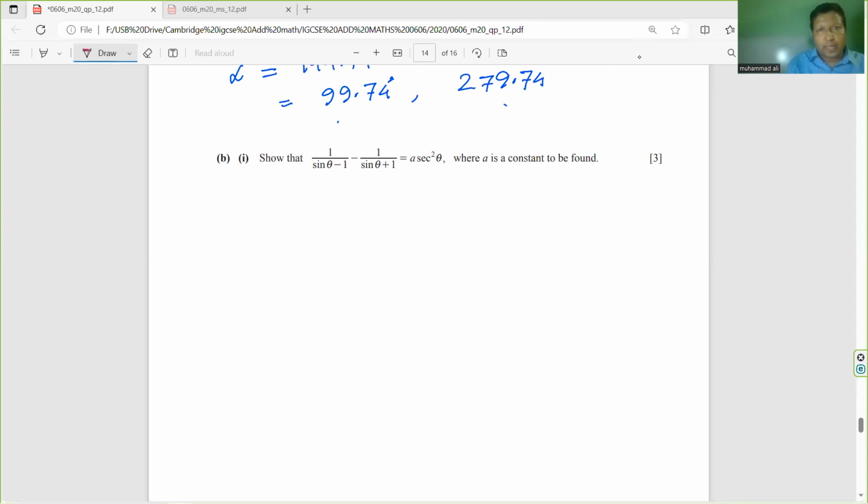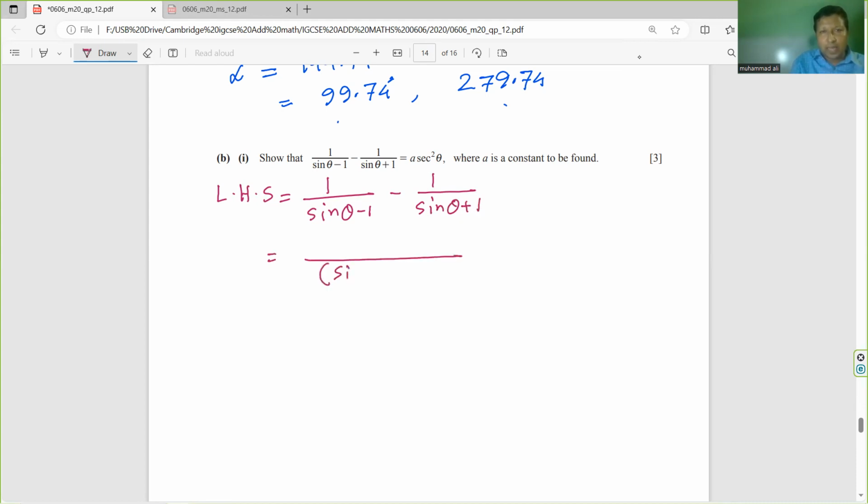Now, 1 by sine theta minus 1, minus 1 by sine theta plus 1, equals A sec square theta. Left hand side equals 1 by sine theta minus 1 minus 1 by sine theta plus 1. If we do the LCM, we can write the denominator as sine theta minus 1 into sine theta plus 1.